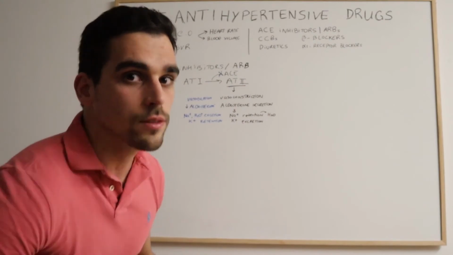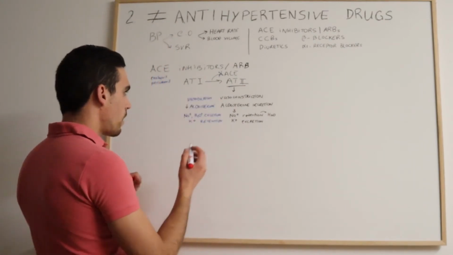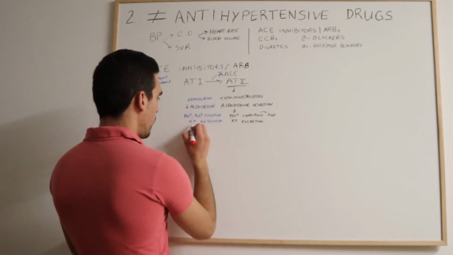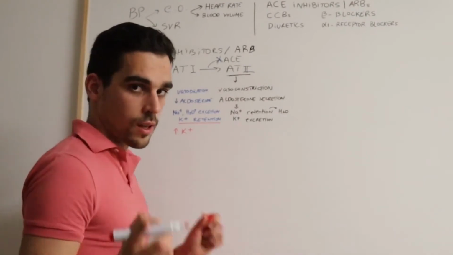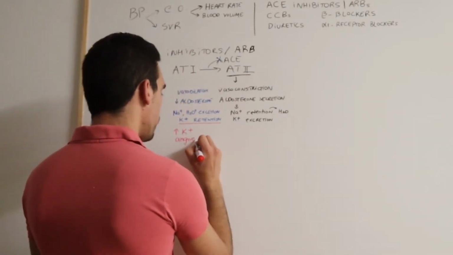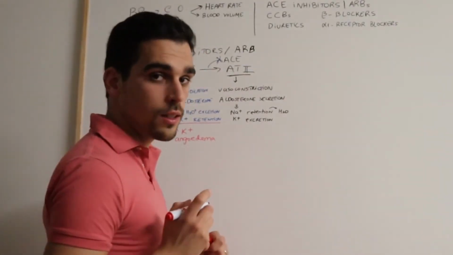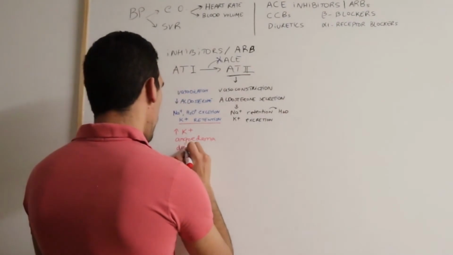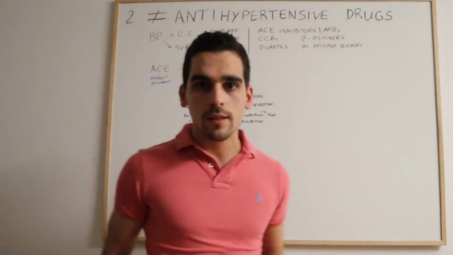But they also have some side effects. The ACE inhibitors and the ARBs can cause hyperkalemia, high potassium. They can also cause angioedema, and specifically for ACE inhibitors, they can cause a dry persistent cough. Why does it happen?